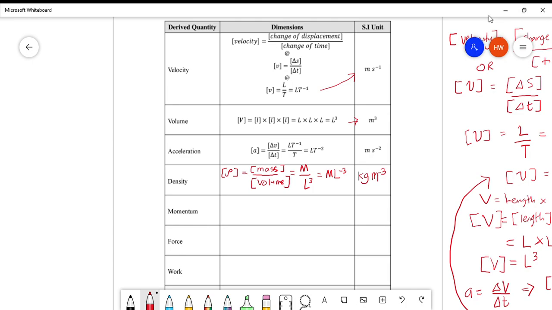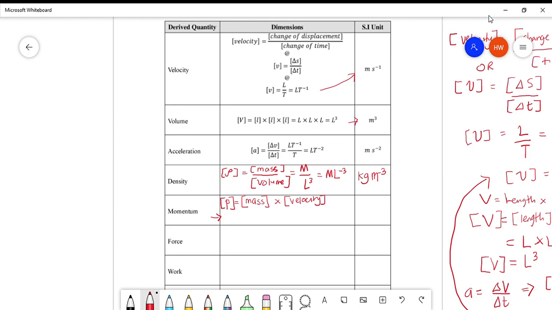Okay, for momentum, the symbol for momentum is P equals mass times velocity. Because we want to find the dimension, we have to put a square bracket around the quantity. You need to solve this on your own.